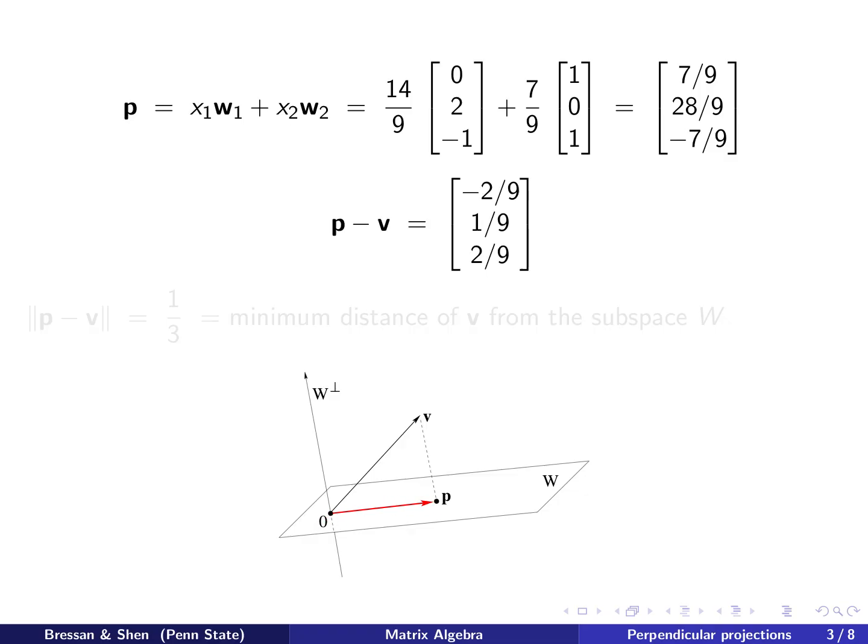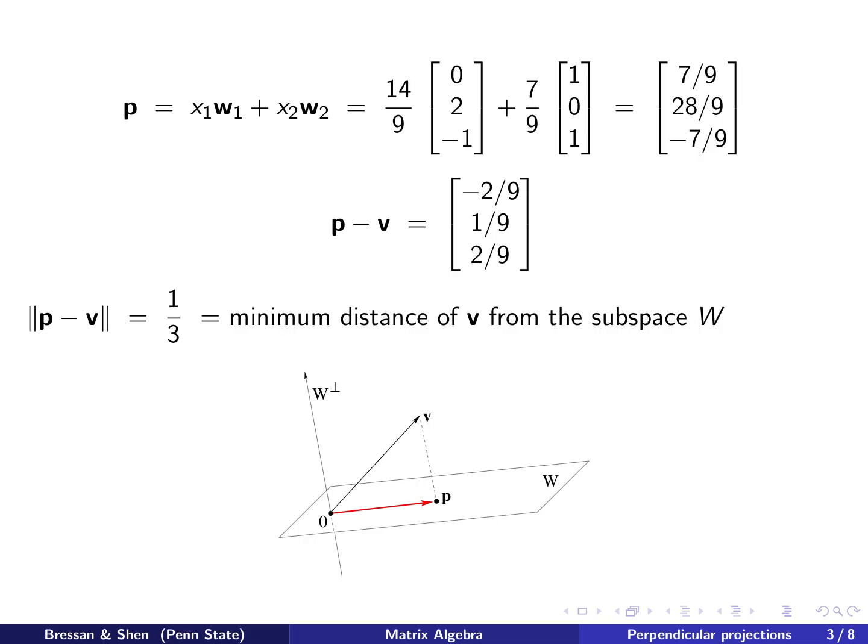But in the problem, we want to find the minimum distance, right? The minimum distance is the distance of the vector from V to P. So we need to calculate P minus V or V minus P. We already know what V is, and the P we just calculated, so we can work out this subtraction. That's this vector here.